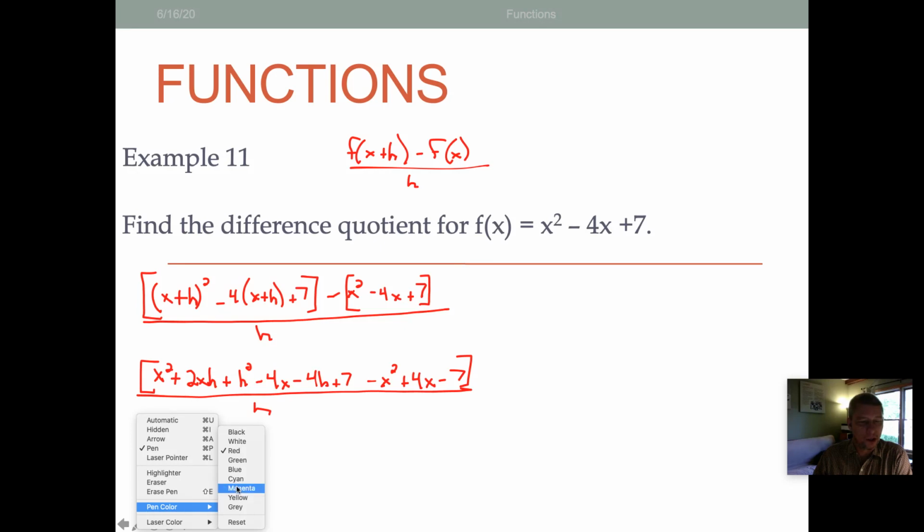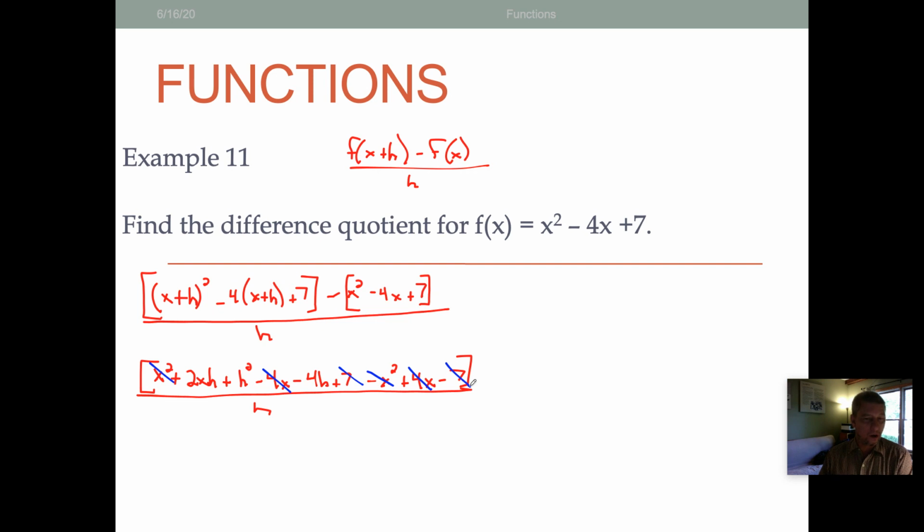Now, I'm going to change the color of the pen so this becomes a little bit more clear. I'm going to immediately get rid of the x squared and the negative x squared, the negative 4x and the positive 4x, the positive 7 and the negative 7. So they all go bye-bye. Then I'm going to divide everything in here by h.